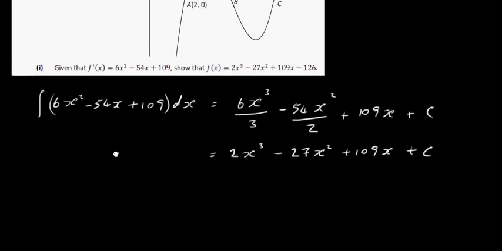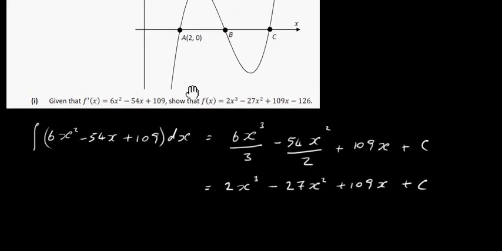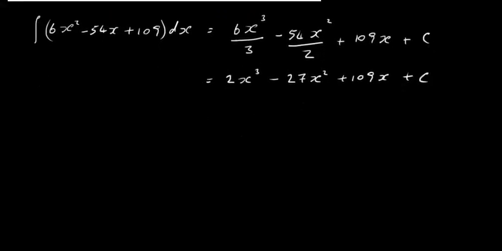Well, this is our original function, and we do have one of the points on this curve. We know that (2, 0) is on this curve, so let's put that in, and that should give us our c. This is y, and if we take the point (2, 0), this is our x and this is our y, so we can put it in here and see what happens.